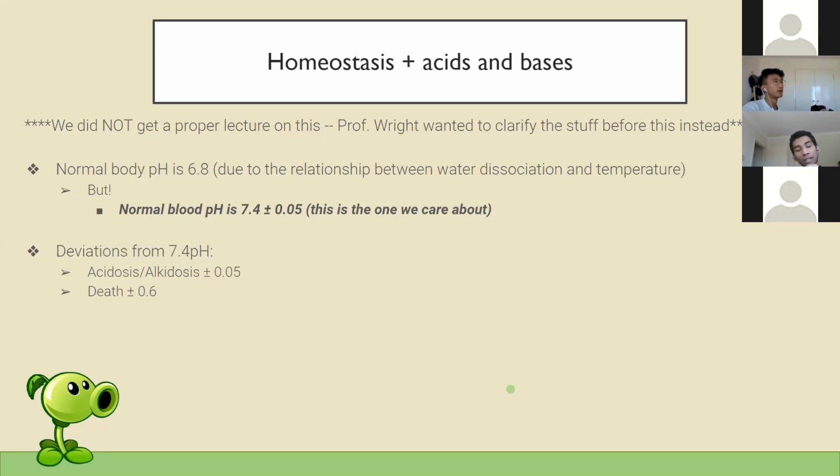Might have made a typo there. But basically, your blood becomes either acidic or alkaline, depending on if it goes up or down 0.05 in terms of pH. And then if it goes up or down 0.6 pH, then it can lead to death, which is not good. That's what you want to avoid. Acidotic versus alkalotic. Yeah, I think that's probably better wording there. I'll change that on the slides for you guys as well.